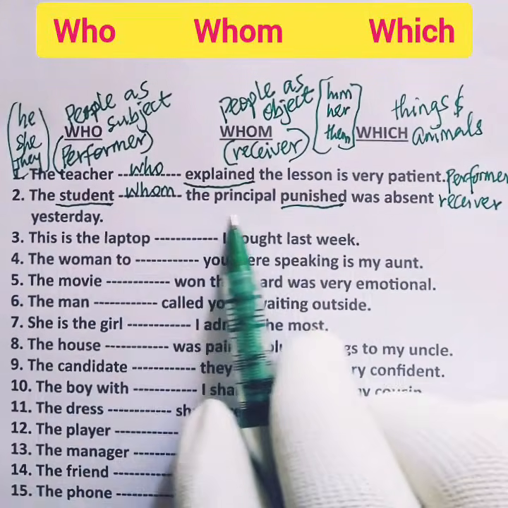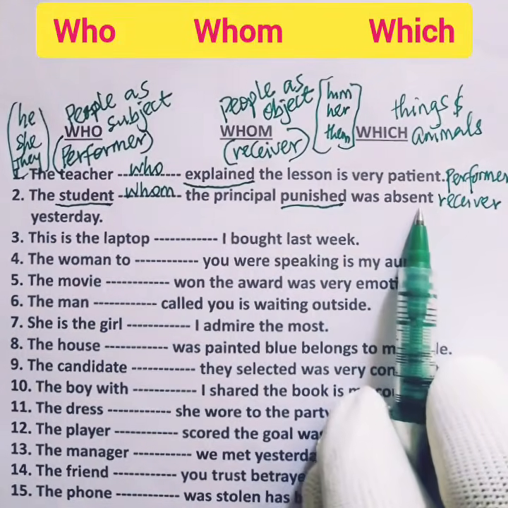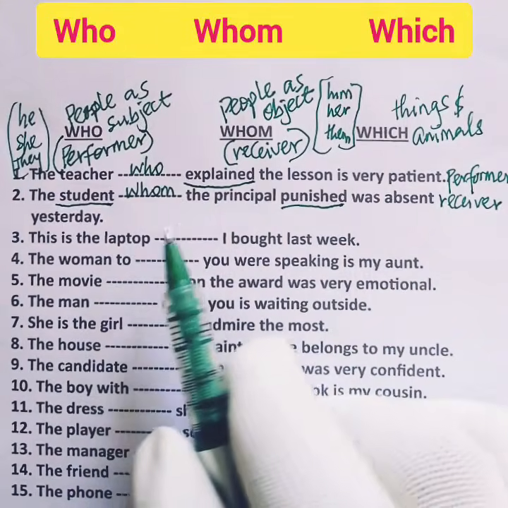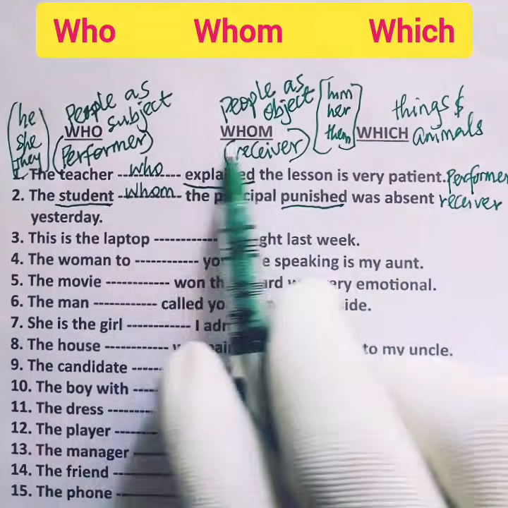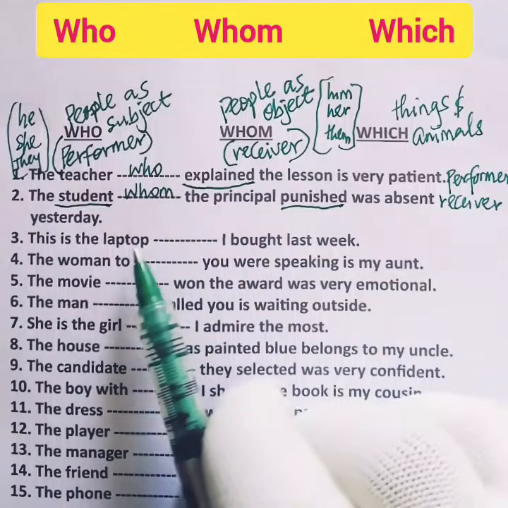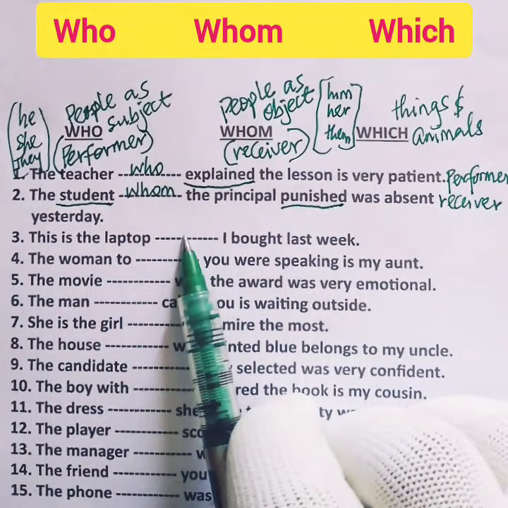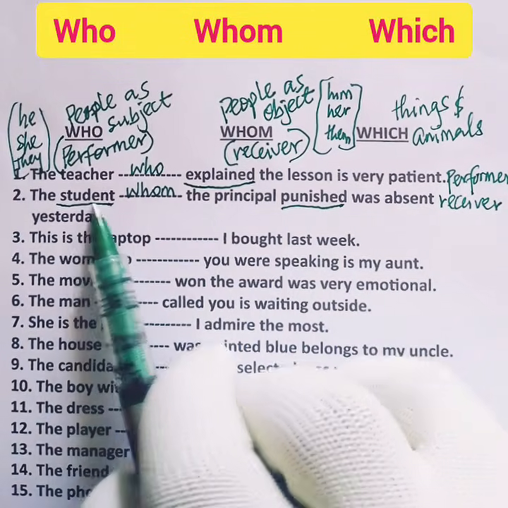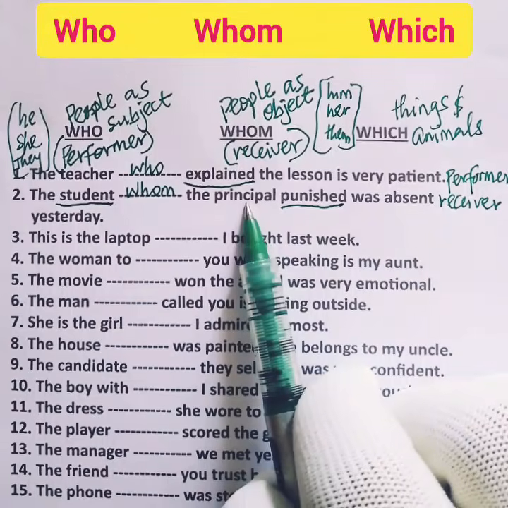The student whom the principal punished was absent yesterday. Now, remember, to choose any of these words, you must consider the noun that comes before it, okay? That's why we considered student instead of principal, all right?